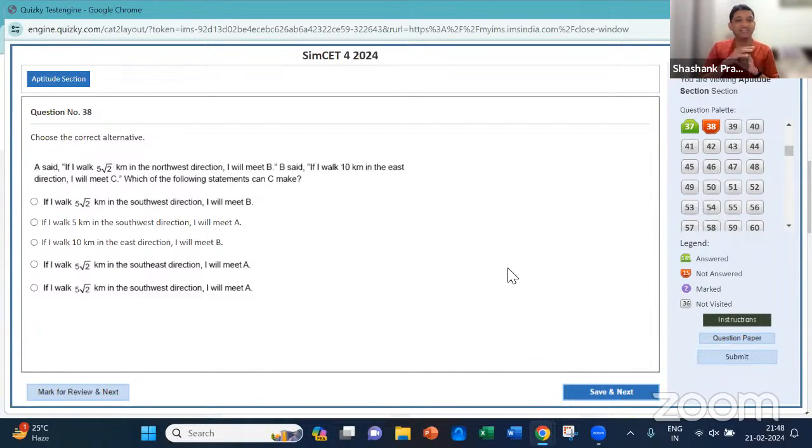Okay, let me do it again. A says if I walk 5 root 2 in the northwest, so A is here, B is here, and C is here. Okay, C will be southwest. 5 root 2 in the southwest direction will take him to A. Yes, I think this is fine.